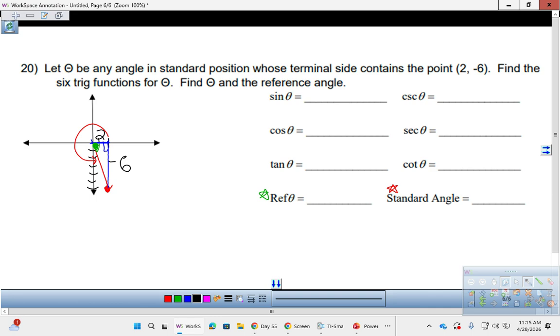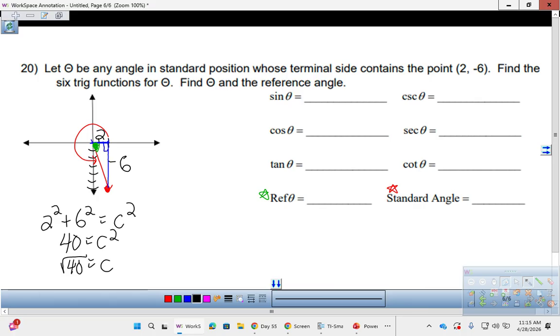So we can figure out what the hypotenuse is, right? Pythagorean theorem. So 2 squared plus 6 squared. This time I didn't include the negative, just showing you that you don't have to include the negative. So that equals c squared. So I think we end up with 40, right? So root 40. Yep, we got to split this one up.